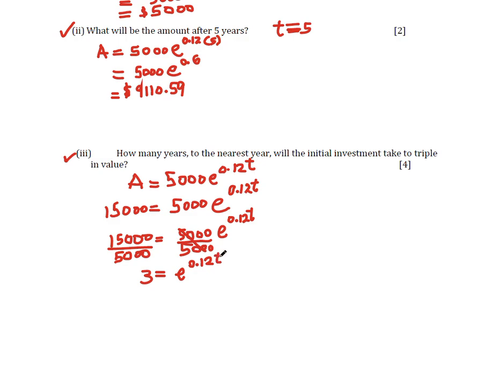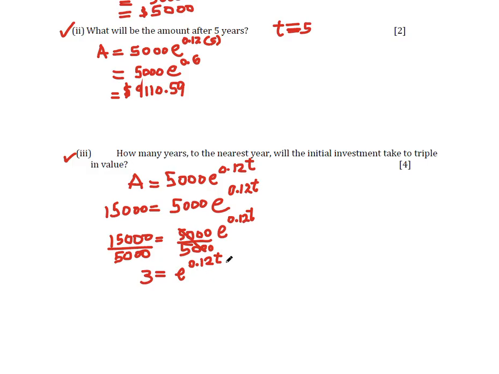Now our task is to try to get the power which contains the unknown down. So what we need to do is to try to get t and this entire power to be in a more workable form and a more solvable form.